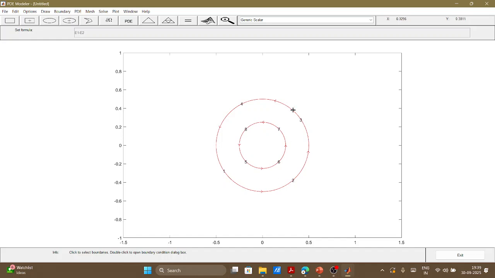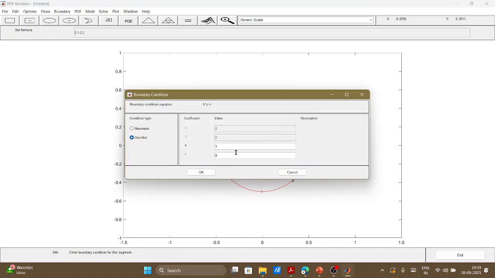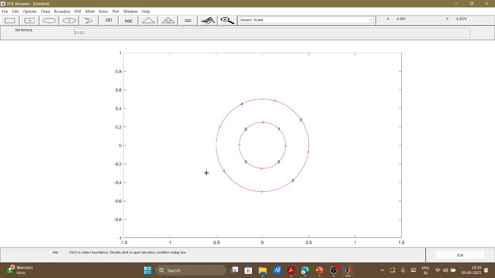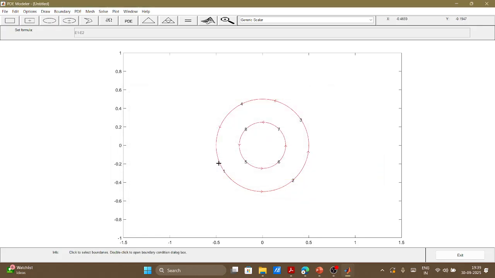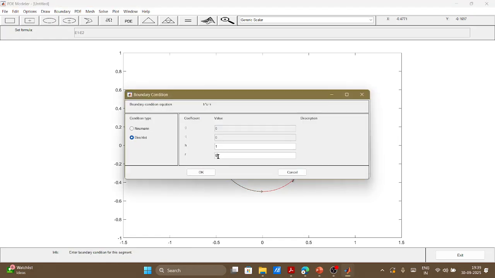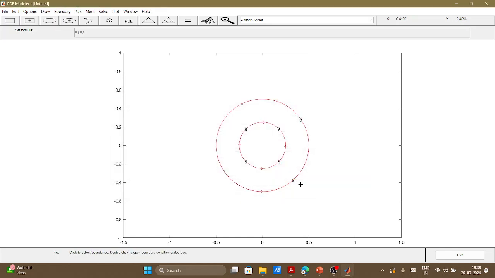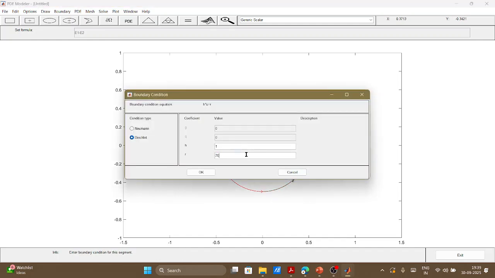So let's put all the boundary conditions here, that my outside fluid, let's consider it at 70 degrees centigrade. 70 here, 70 here, 70 here, 70 here.